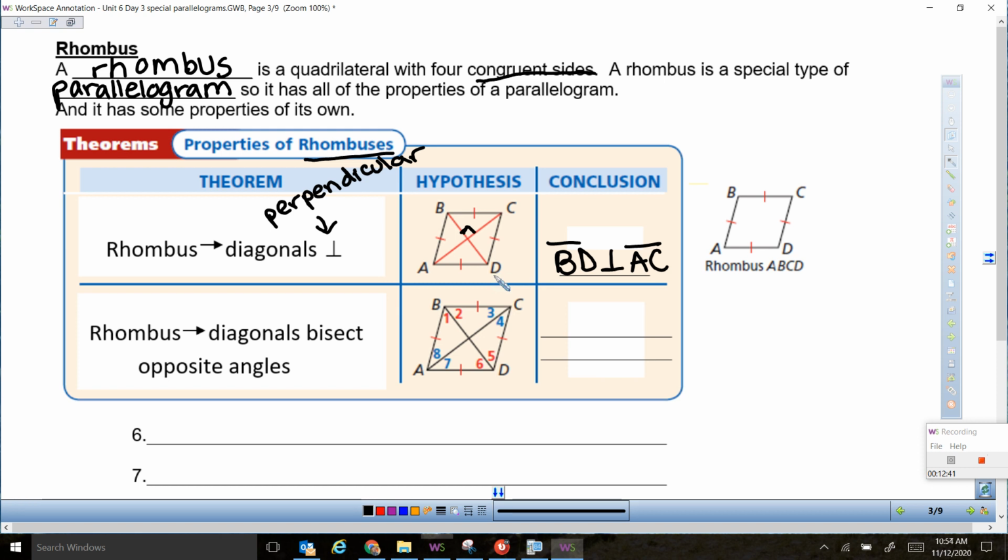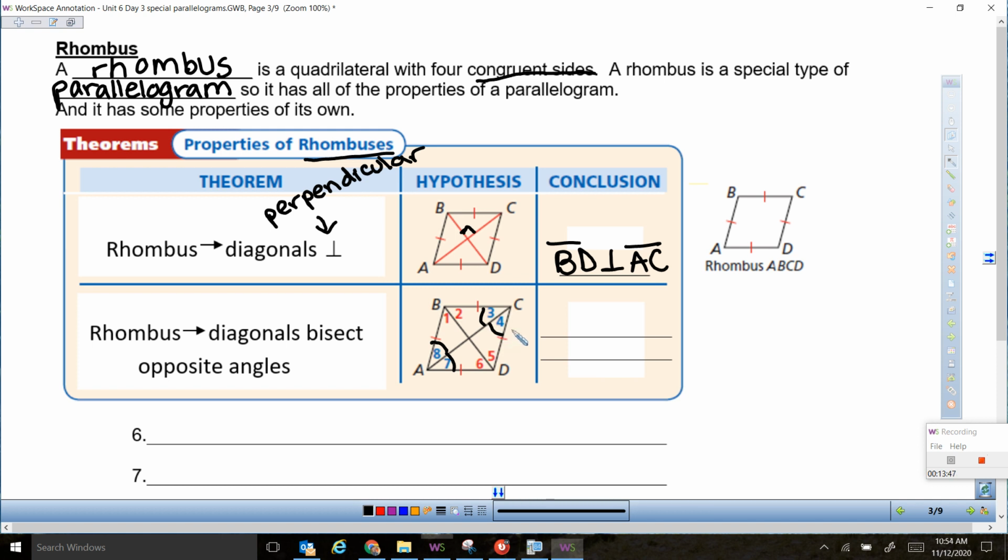That was property number 3 that we wrote down at the very beginning. So if the opposite angles are congruent and the diagonals bisect them, and if angles A and C are congruent and both cut in half, that means all four of these halves are congruent. So angle 8, angle 7, angle 3, and angle 4 are all congruent.